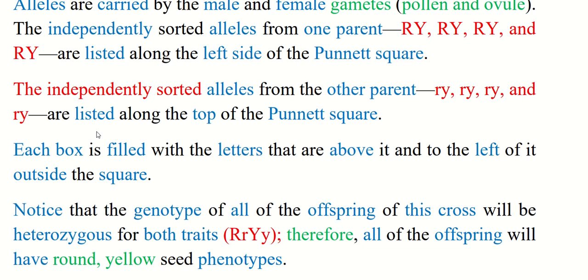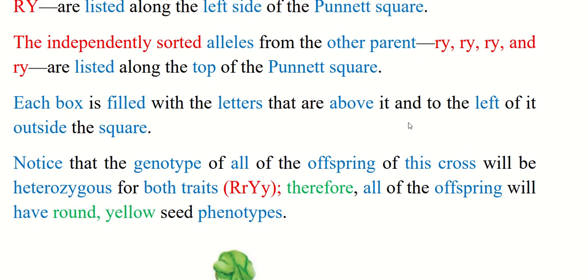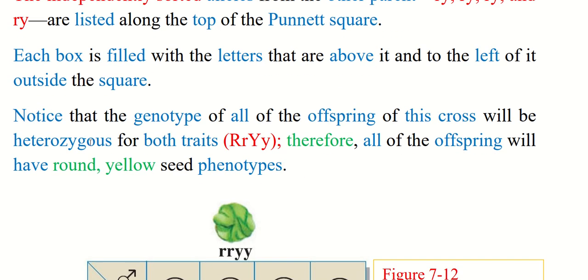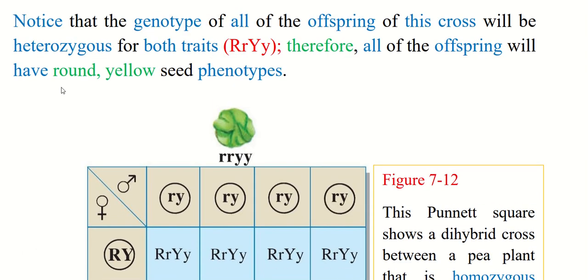Each box is filled with the letters that are above it and to the left of it outside the square. Notice that the genotype of all offspring of this cross will be heterozygous for both traits, RrYy. Therefore, all of the offspring will have the round yellow seed phenotype.